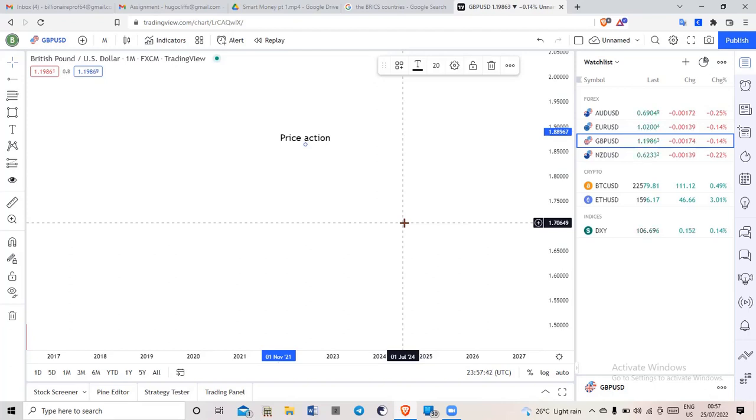Supply is essentially a resistance zone. Even though it's not obvious, it's a resistance zone. And demand is also a support zone.